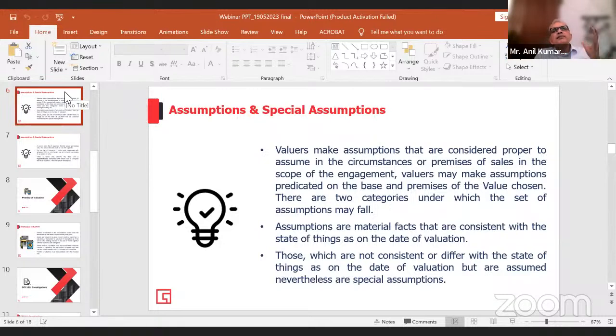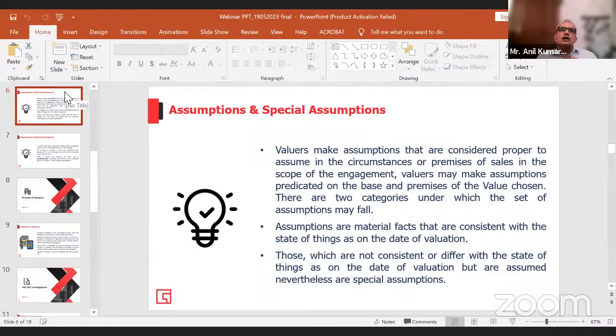For instance, on the date of the valuation, let's say that a part of the business was not ready, but while doing the valuation, you assume that the part of the business is now ready. That is not borne by the facts on the ground. That is a special assumption.